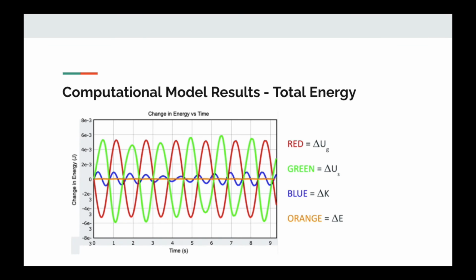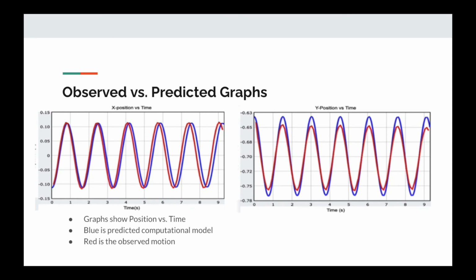So here are the results for total energy. We can see we have the gravitational potential energy in red, the spring potential energy in green, the kinetic energy in blue, and then the total energy in orange. So for our observed versus predicted graphs of position versus time, they're split into x position and y position. And we can see both of them follow the predicted pretty closely.